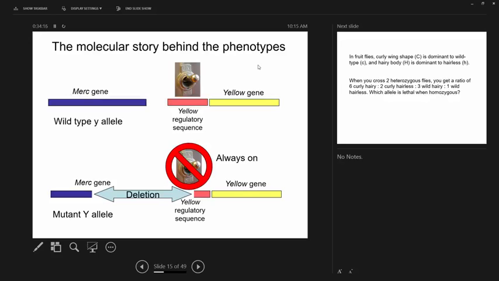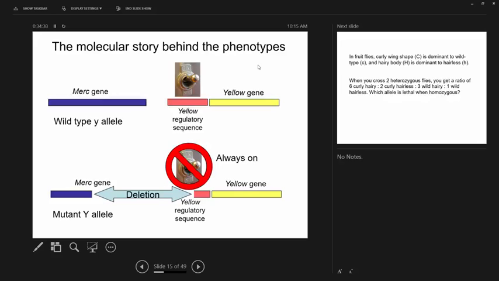But what happens is this part of the switch is what turns it on and off at the right time. This part just has it on. So the switch is broken, it's stuck in the on position, so that the whole hair gets yellow colored instead of just a stripe.